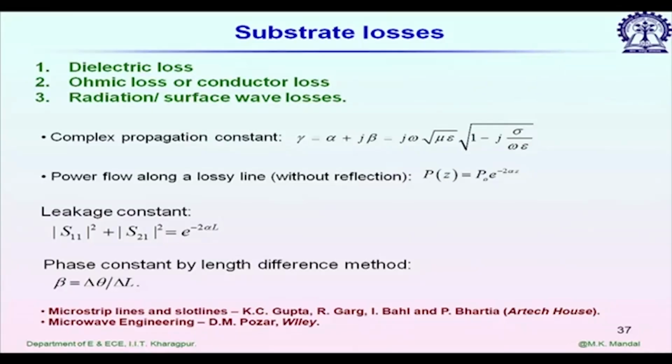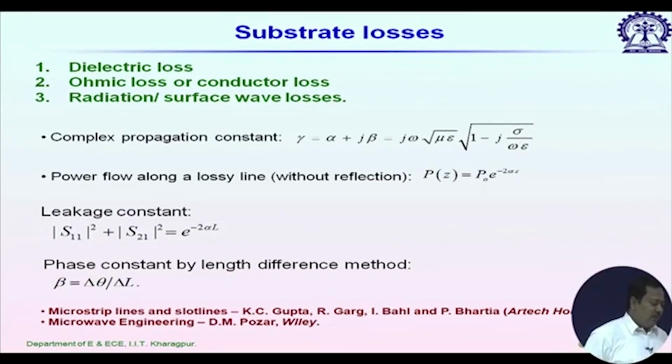So, what are these sources of losses? We will see them one by one. They are dielectric loss, ohmic loss or conductor loss, and then radiation and surface wave losses.